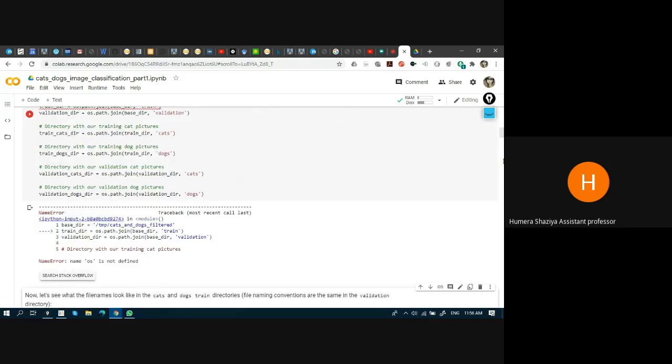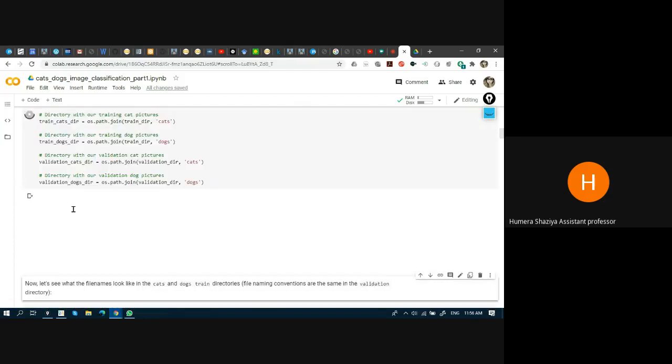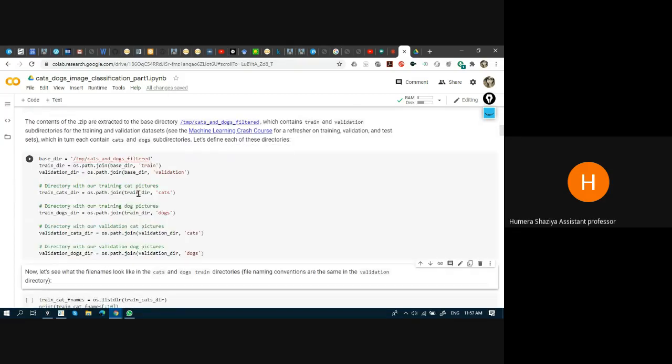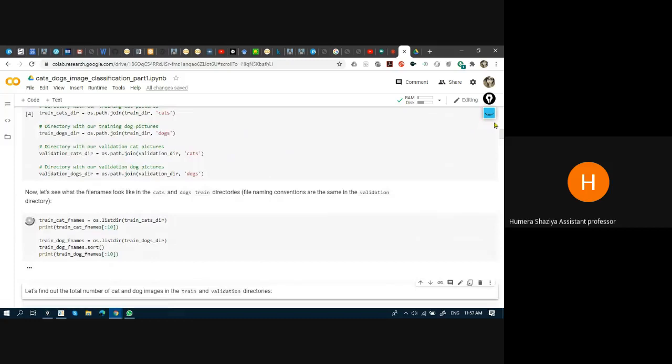Oh, there is an error because OS has to be imported. Without executing that cell, I executed this cell, and so I got the error. Code I would explain to you, but try to get the feel of the deep learning model. What I'm doing is I'm just executing these code cells.